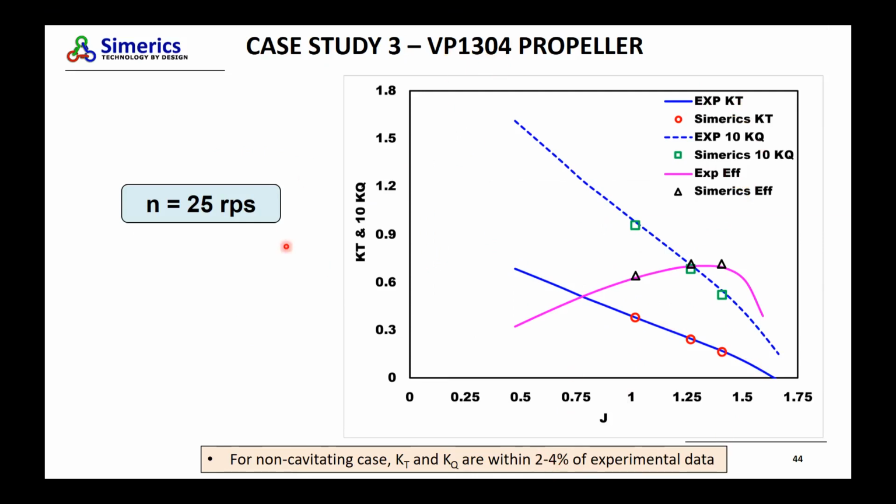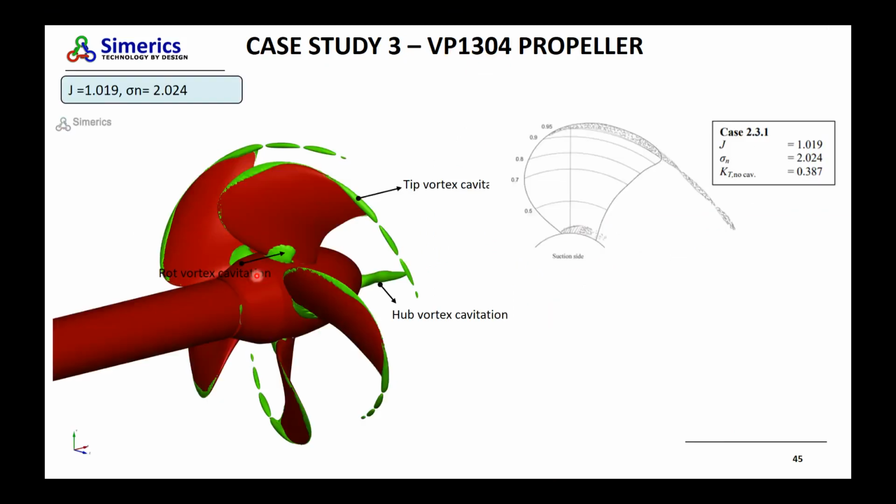For this VP1304 propeller, we also have some plots in the paper of how the cavitation bubble looks. I think we get very good correspondence between our results and what they reported in the paper as a function of the test. What we see here is this tip vortex.